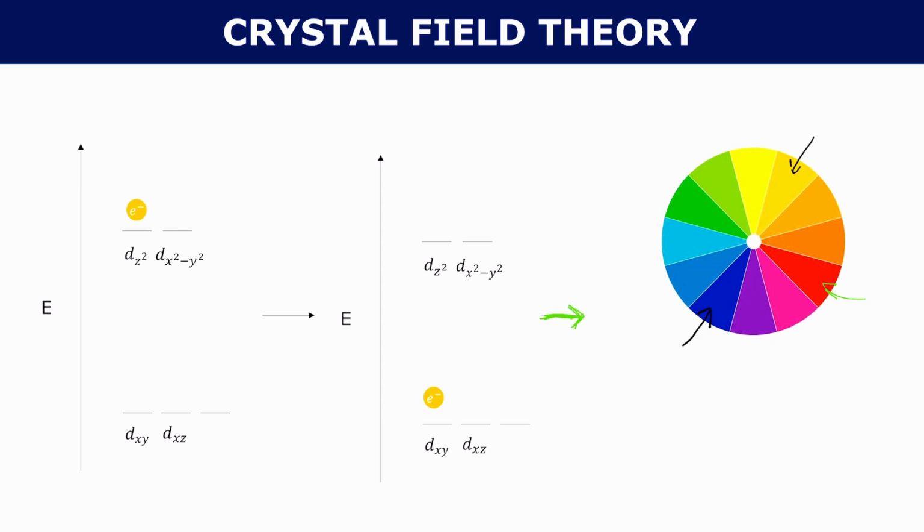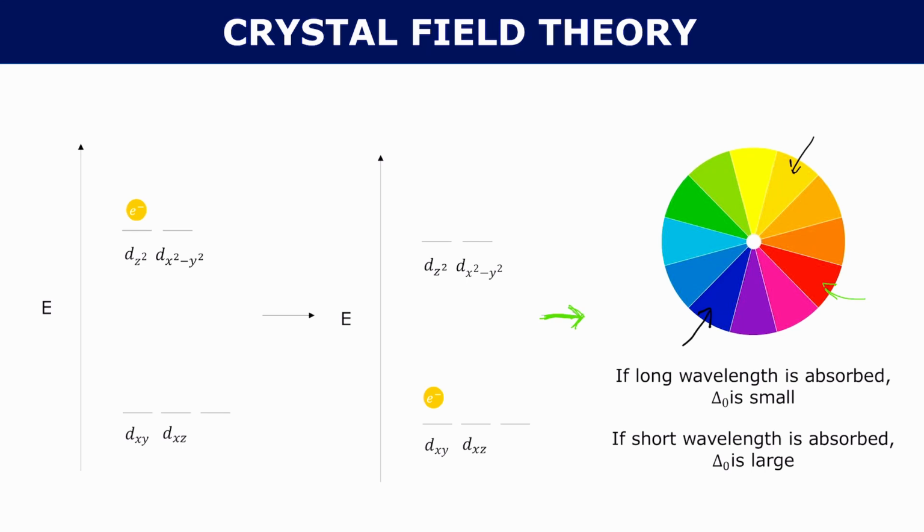There's also a special relationship between the wavelength that you absorb and your delta naught value. So if you absorb a long wavelength, then that means your delta naught is small. Remember, electromagnetic radiation is just a way for energy to be transported. A longer wavelength means that you're transporting less energy.